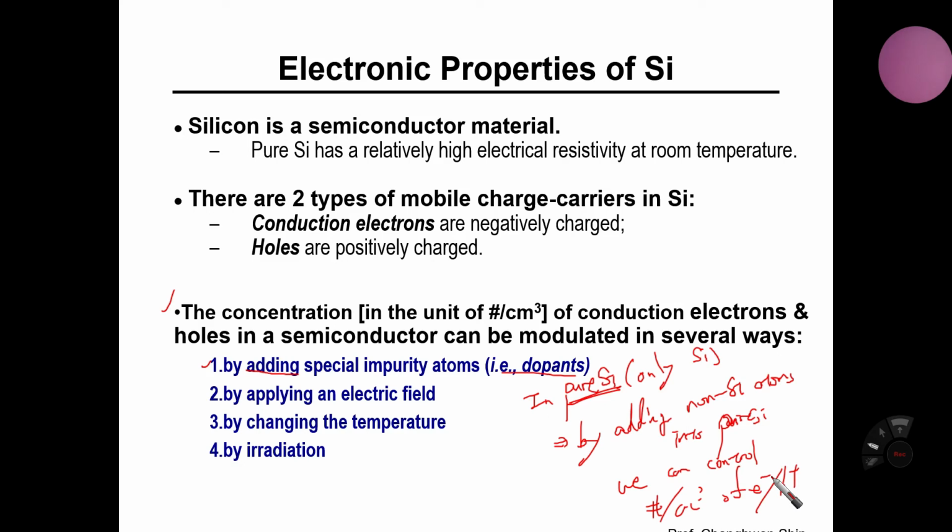This is quite a magic. Just by simply adding a non-silicon atom into the pure silicon crystalline material, the diamond structured silicon material, we can control the total number of electrons and holes.